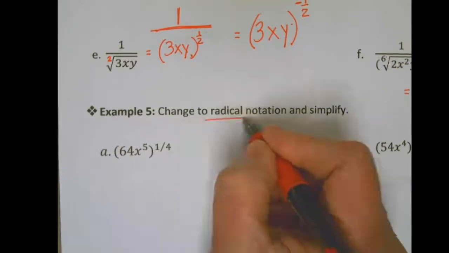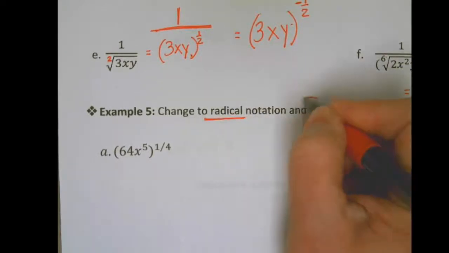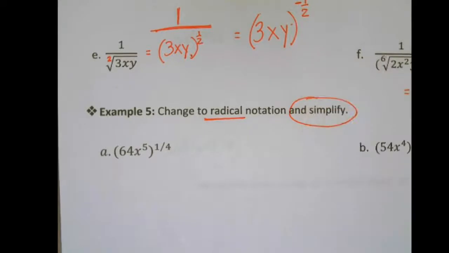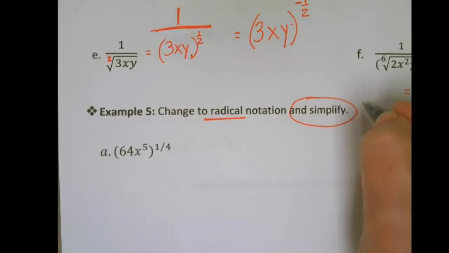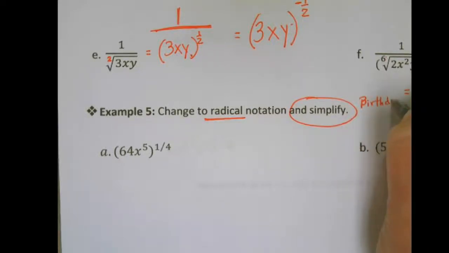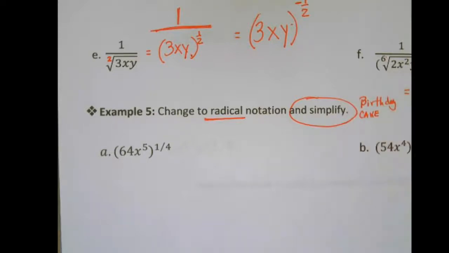We're going to change to radical notation and simplify. Circle the "and simplify" part. The "and simplify" part is what you were doing yesterday on the salmon colored paper. When it says simplify or radical, you need to think birthday cake. That's what it's talking about.